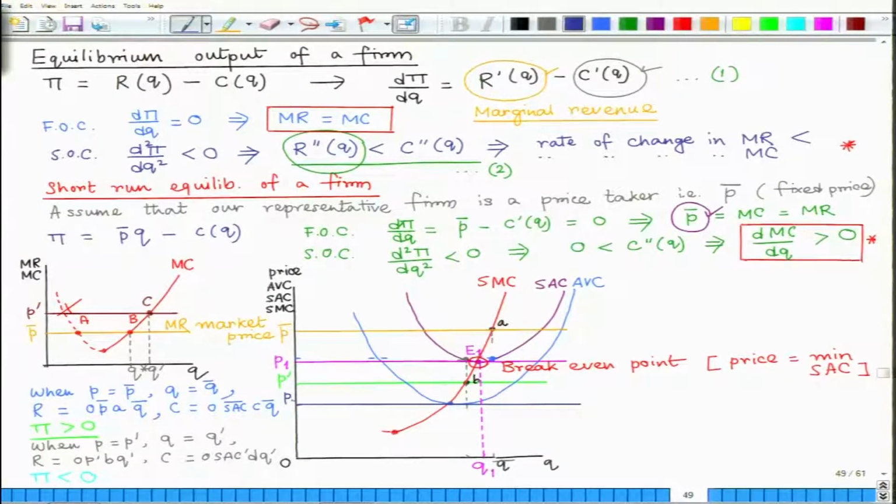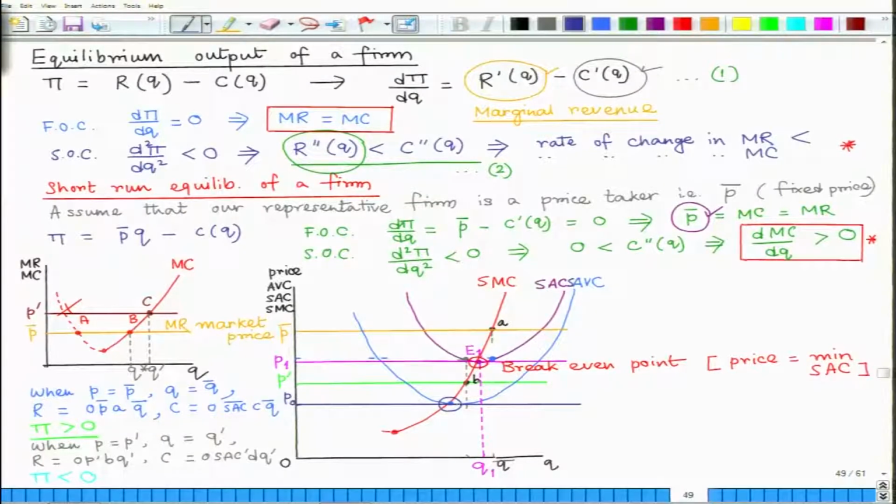Let us say that there is a market price P naught. P naught is a market price such that if I plot it in the diagram, the parallel market price line will pass through the minimum point of the short run average variable cost curve. Please pay attention to this point.